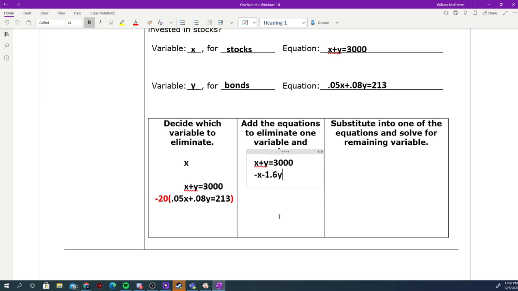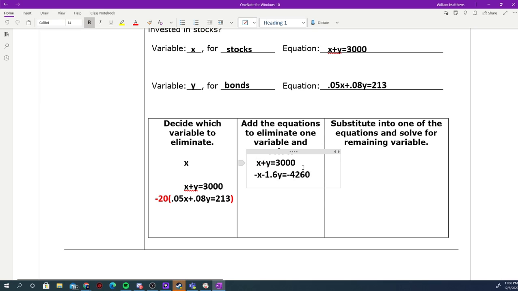And this will equal negative 20 times 213, which is a negative 4,260. Now, better safe than sorry. Make sure I check my math. Yes, negative 1.6y. All right.